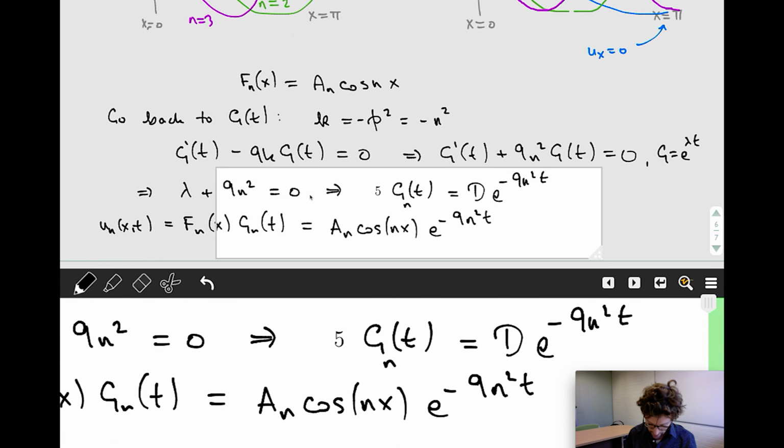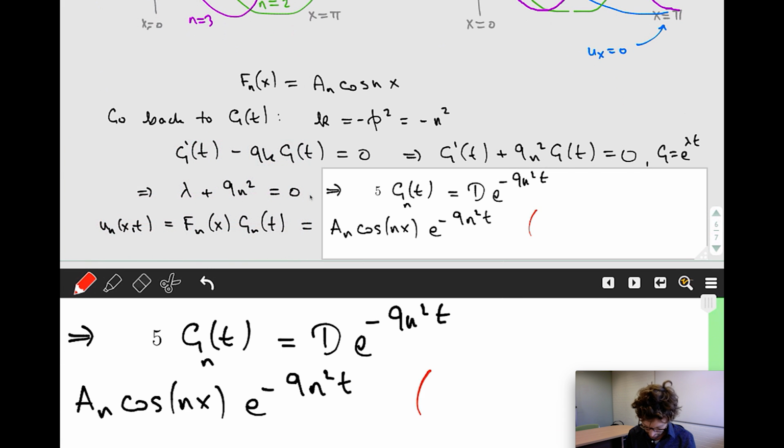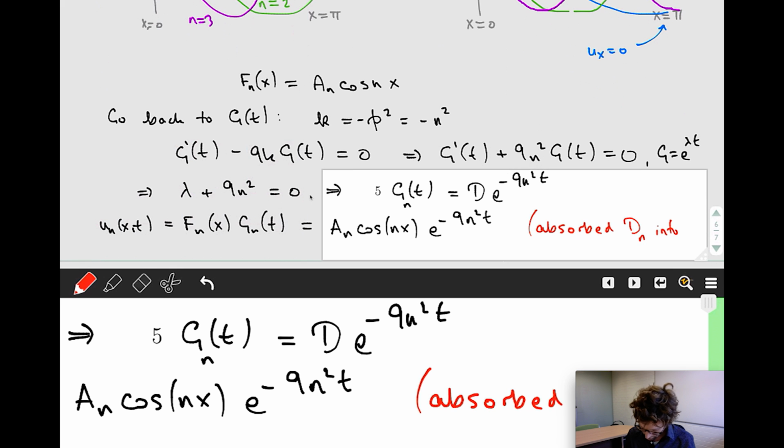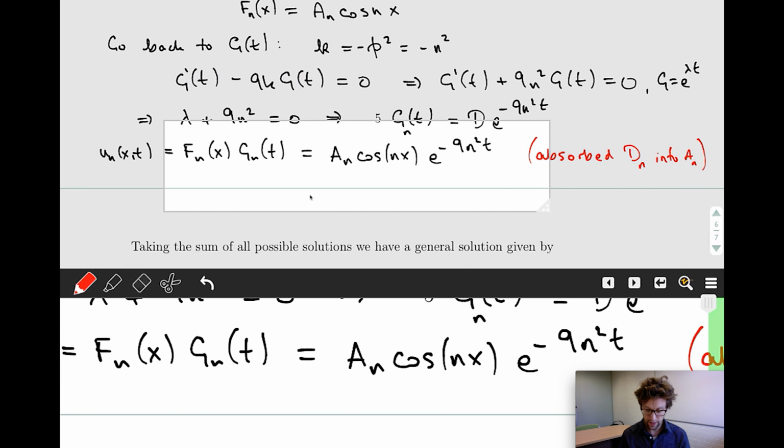And again, I've absorbed the constant d_n into a_n. Because, of course, we still don't know what those constants are, and we're going to have to go back and figure them out. So that's what my solutions look like. And you notice that they're cosines in space, and they're still exponentially decaying in time.